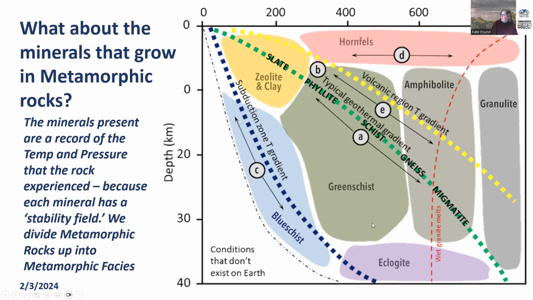But at the moment, just think of greenstones as being basaltic, mostly rocks that have been metamorphosed to green schist facies. And the boundaries of this gray-green area mark the limits of pressure and temperature.